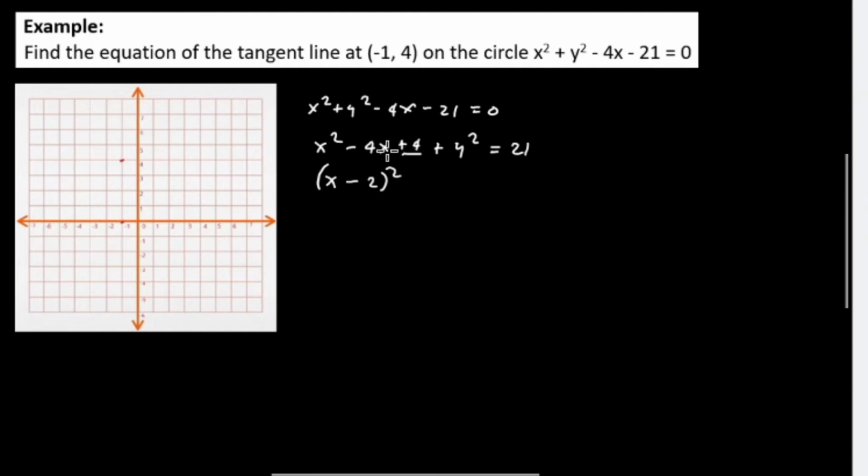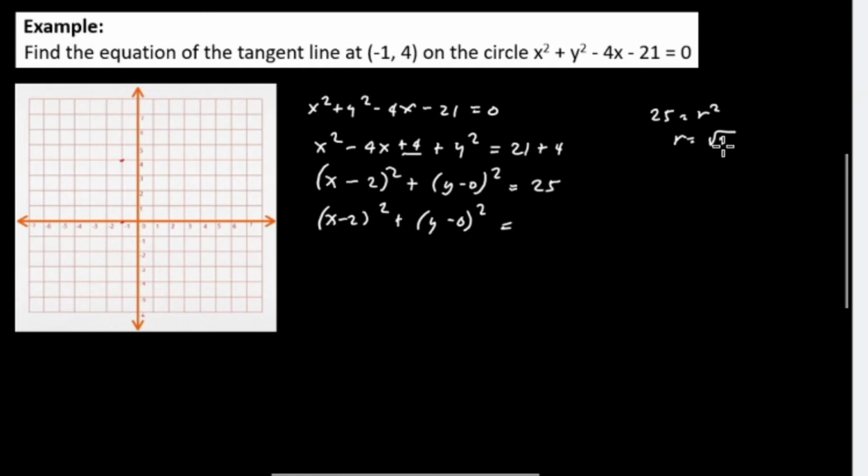If you add plus 4 to the left, you add plus 4 to the right, plus y minus 0 squared, and 21 plus 4, that's 25. So x minus 2 squared plus y minus 0 squared equals 25, which is r squared, or r is equal to the square root of 25, or 5, so 5 squared.